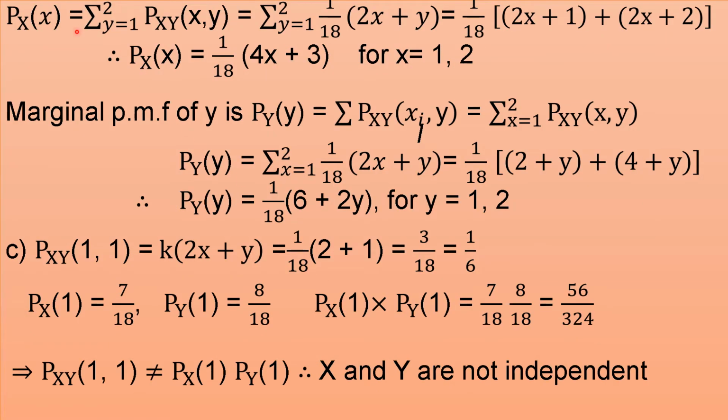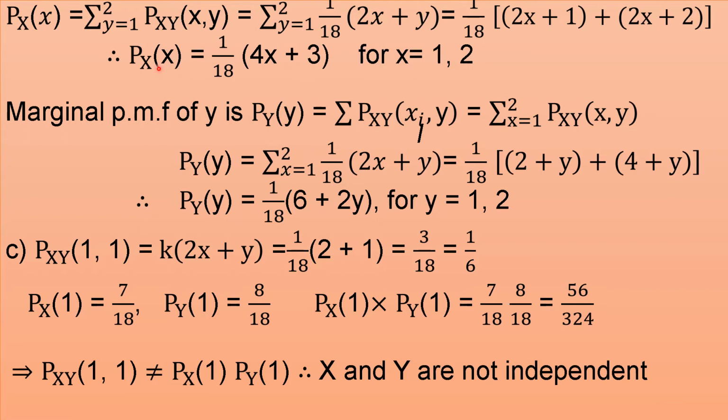So it is summation over y equal to 1 to 2 of p_XY(x, y). p_XY(x, y) means k(2x + y), where k is 1 by 18, keeping 1 by 18 outside the summation symbol. 1 by 18 times 2x + y, by putting y as 1 and 2: (2x + 1) + (2x + 2). So altogether it will be 1 by 18 times (4x + 3).